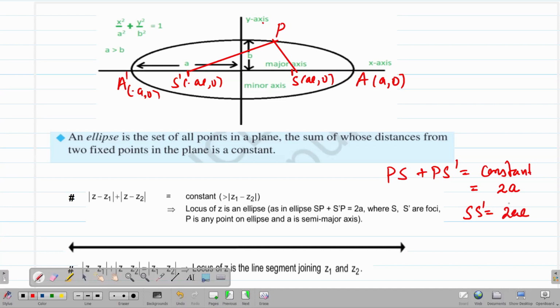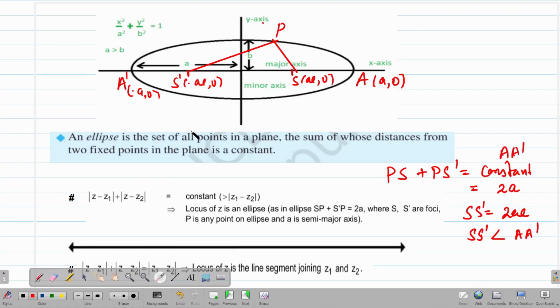We can conclude that in an ellipse the distance between two foci, SS dash, is less than the distance between two vertices, AA dash, and this 2a is AA dash, the distance between two vertices.